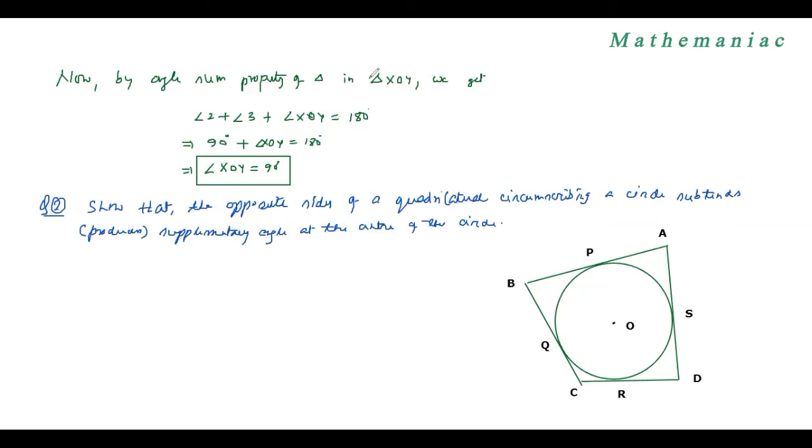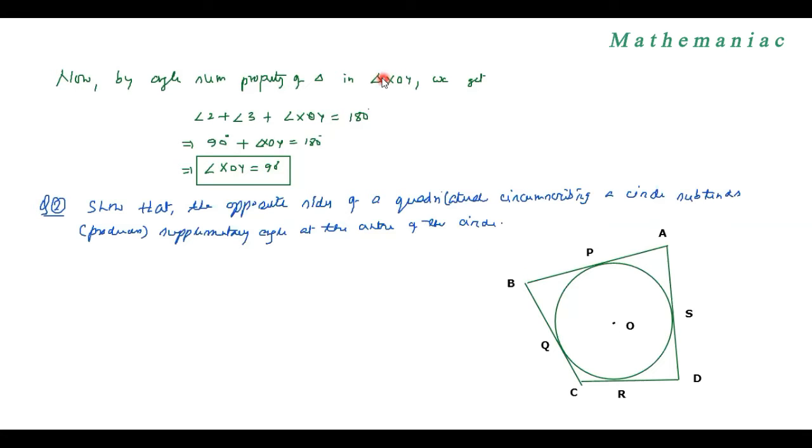Now what exactly do we have to prove? You see, opposite sides of the quadrilateral. So AB and CD are opposite. So they are going to form this angle here and this angle here. That means I have to show angle BOA plus COD is 180 degrees and BOC plus AOD is 180 degrees.